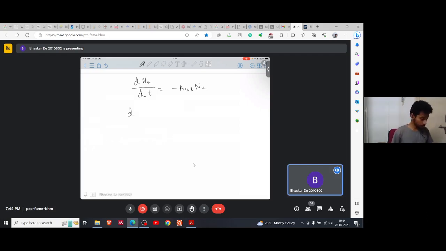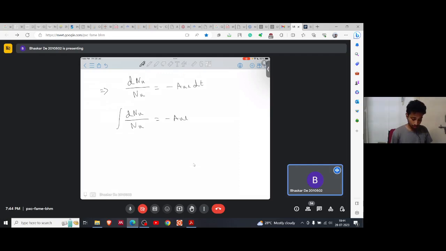Now if I need to solve this, we can rewrite it as dNu over Nu equal to minus Aul dt. Now we have to integrate on both sides. I am just writing this solution of the differential equation because some of you may be confused about how that exponential thing is coming.